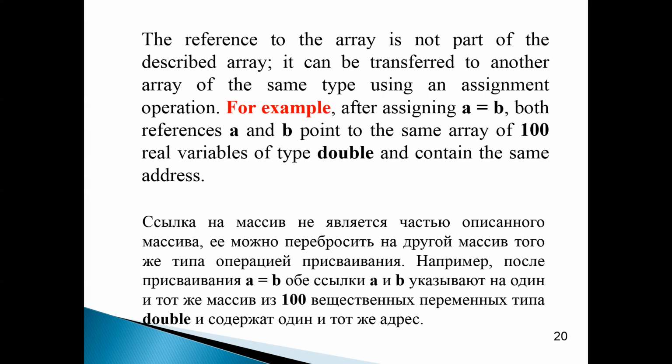It can be transferred to another array of the same type using an assignment operation. For example, after assignment A equals B, both references A and B point to the same array of 100 real variables of type double and contain the same address.